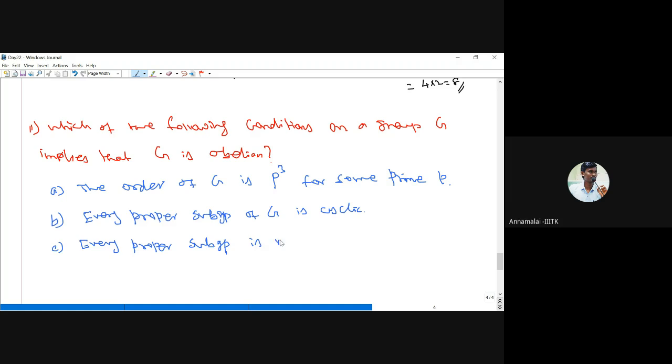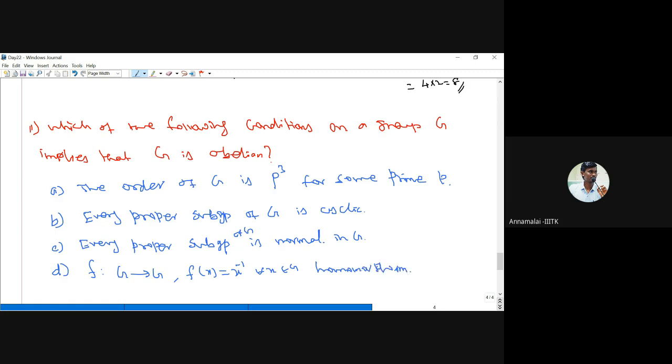Then can we say every subgroup of G is normal in G, so G is abelian? Then the last one: if the function f from G to G defined by f of x equals x power minus 1 for all x in G is a homomorphism, can we say G is abelian?